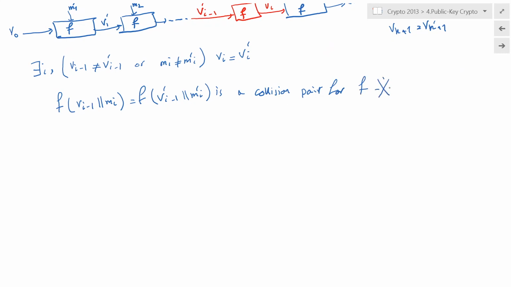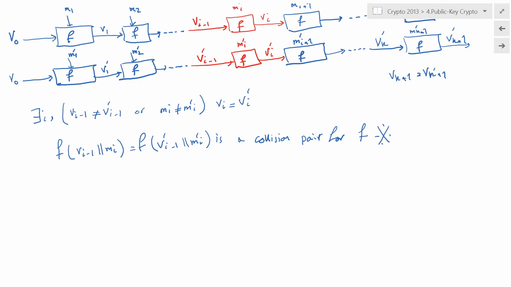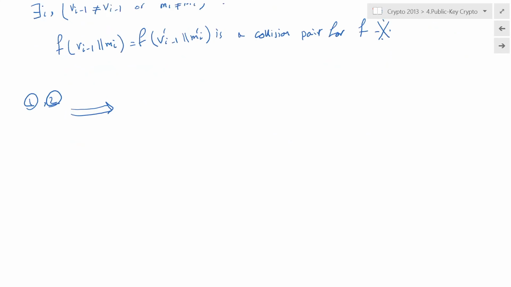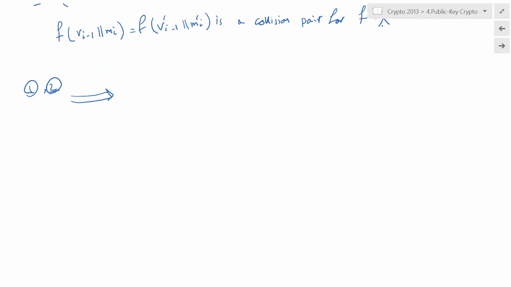But again, that is a contradiction, because we said that f is a collision resistant hash function. So, given 1 and 2, we conclude that the hash function that we designed in this way is collision resistant.